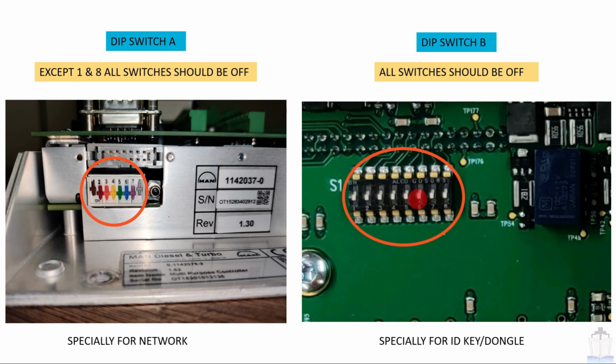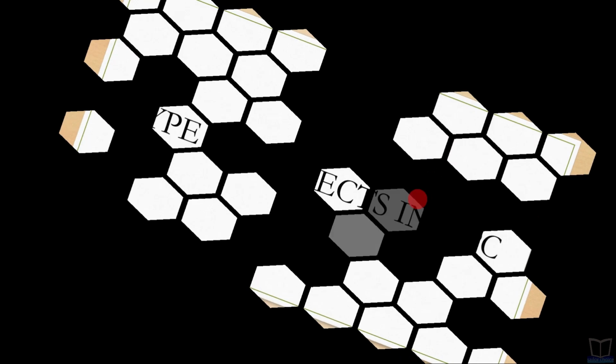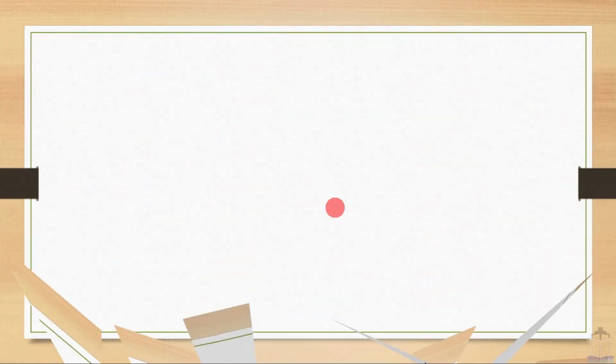Okay. Now we are moving to our next topic, that is types of defects in MPC. This is very important, and here we will see what the defects are and what the remedies are, how we can tackle all those problems. So various types of problems can occur in the MPC.